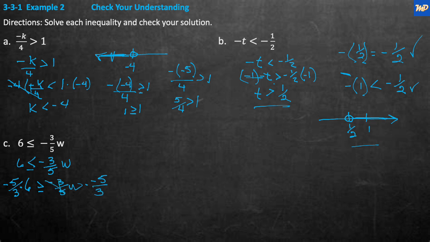So this cancels this, and we end up with the W on this side. The inequality shifted from being less than to now greater than. So it's a greater than or equal to.